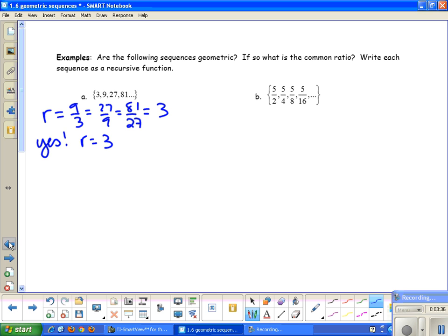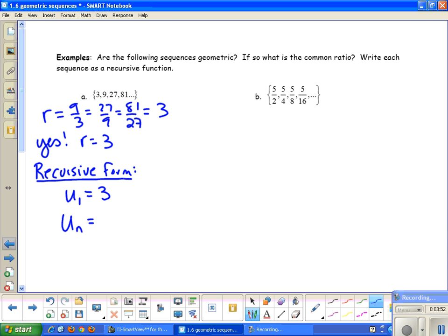So then let's do recursive. In my recursive form, we would take our first term, which in this case is equal to 3, and a formula for getting the nth term.